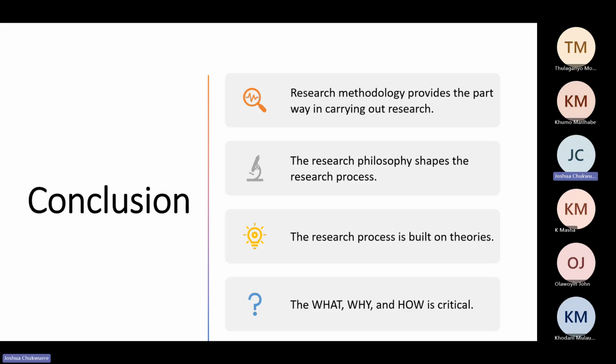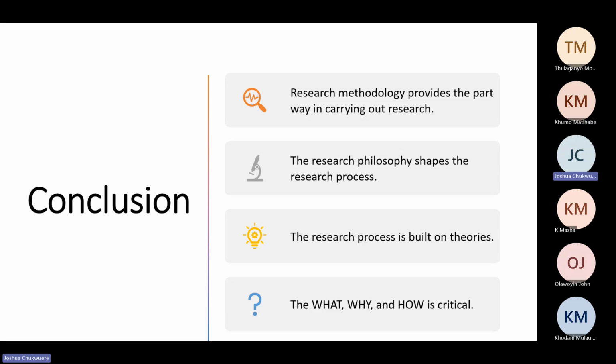in conclusion, research methodology provides the pathway in carrying out your research. No matter how beautiful and interesting your topic or research proposal can be, if you don't have the right research methodology provided, you're not going to achieve that research.